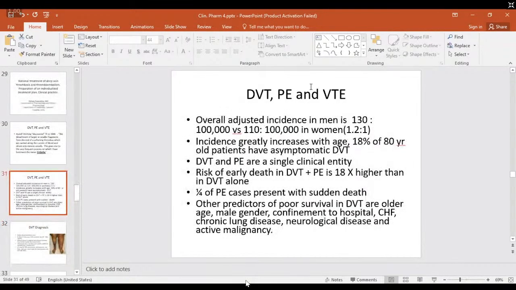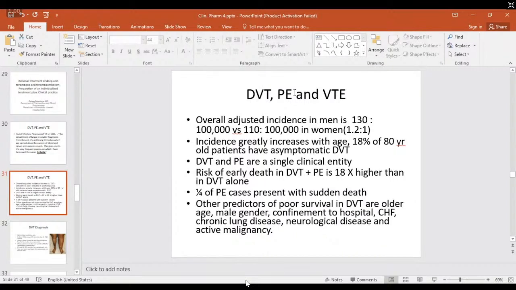There is also another term which is more commonly used. This is venous thromboembolism, and it combines both DVT and PE, because mostly the treatment of DVT and PE or pulmonary embolism are one and the same.